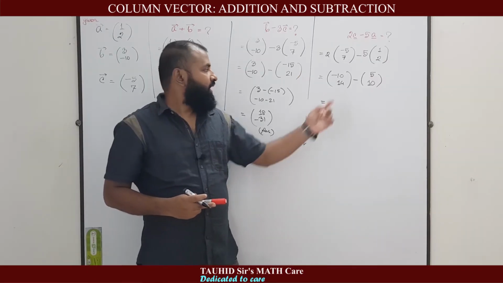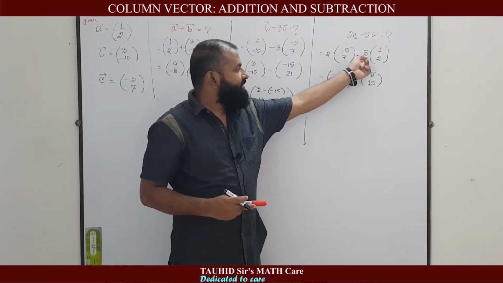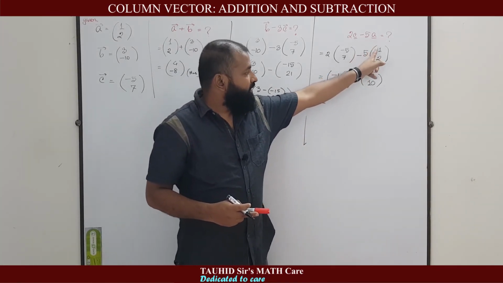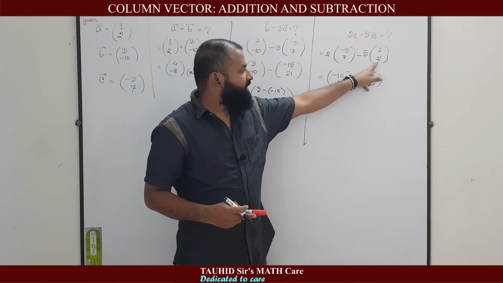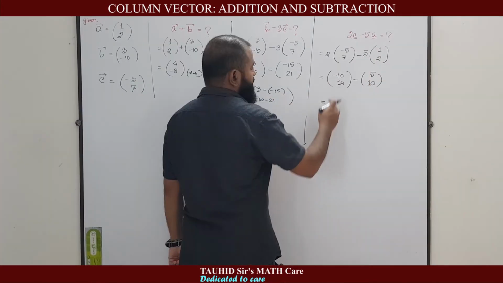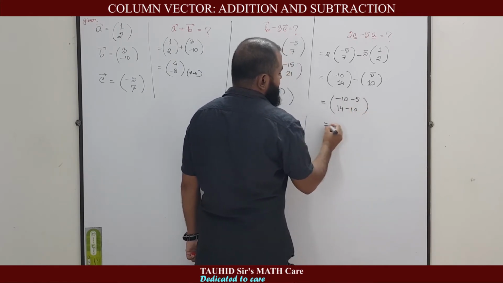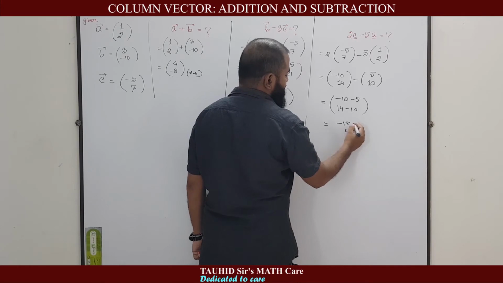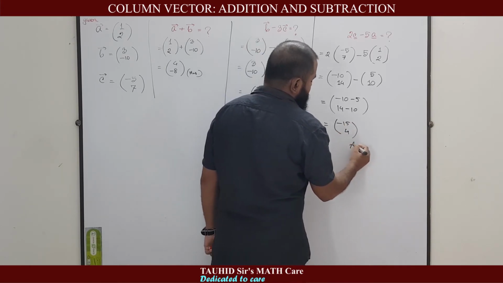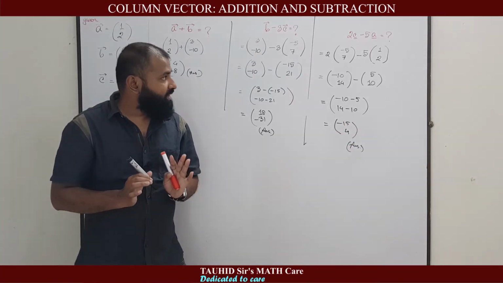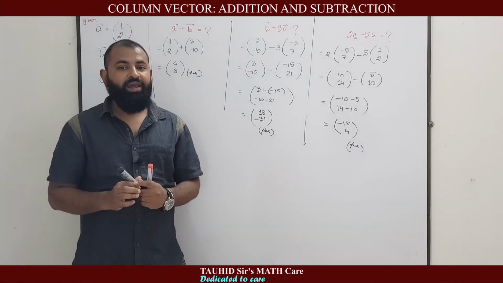While multiplying a vector by any scalar number, we multiply each element by that scalar number. That means minus 10 minus 5 is minus 15, and 14 minus 10 is 4. This is our answer.